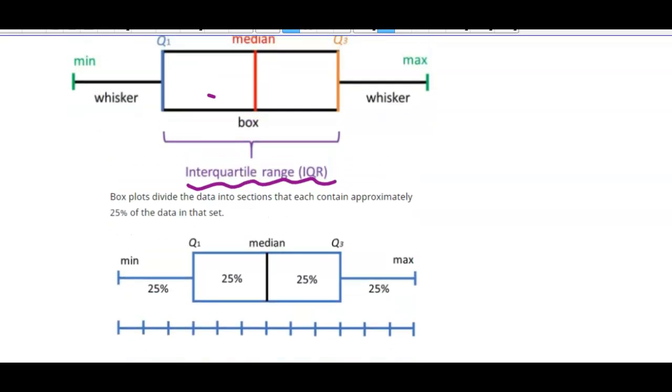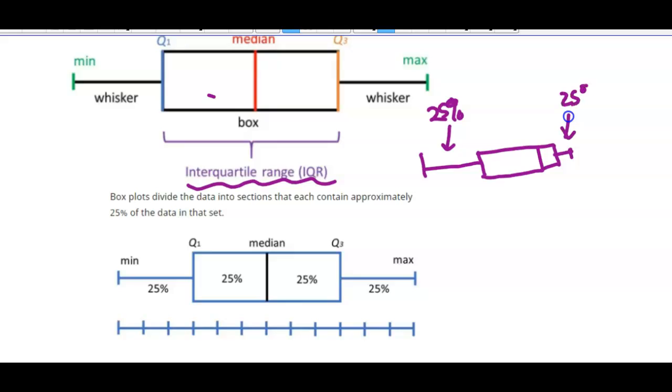The idea is that if you were to have one that looked like this, okay, this is still 25% of the data, and this whisker still represents 25% of the data. The difference is that this whisker's data is much closer together, okay?